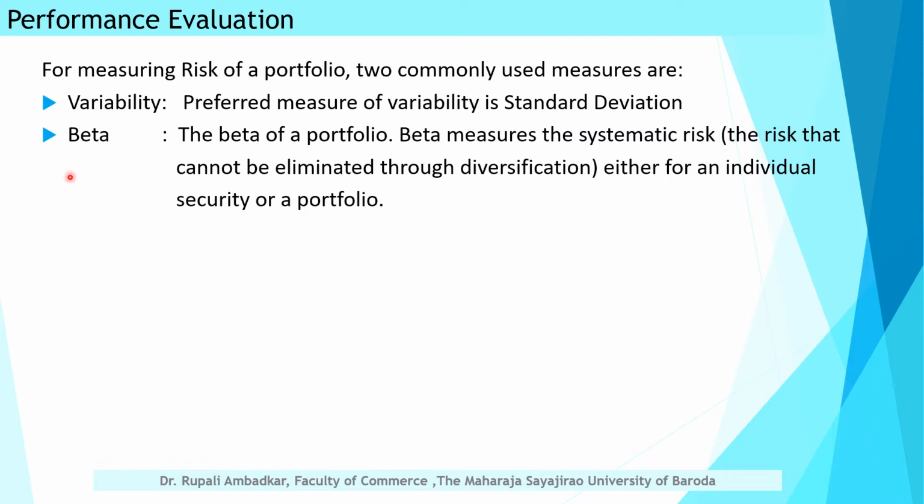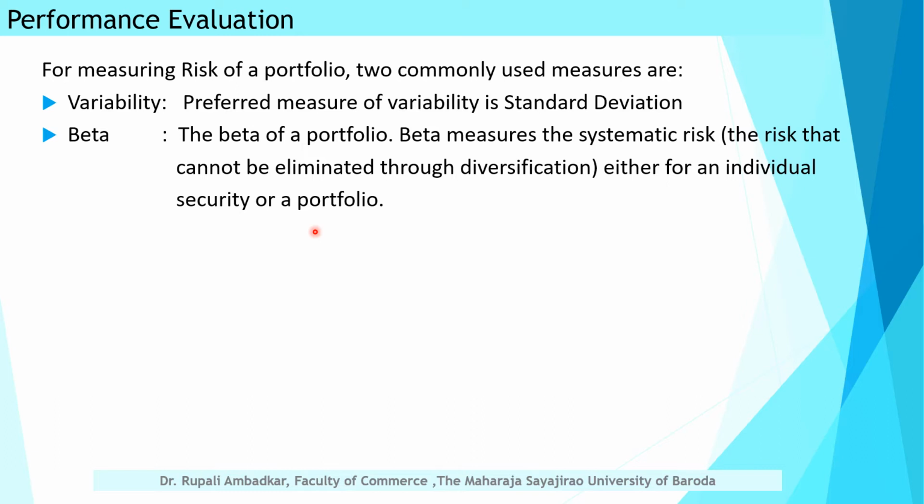Apart from that, the other measure is beta, the beta of a portfolio. Beta measures the systematic risk, the risk that cannot be eliminated through diversification. It can be for an individual security or for a portfolio. Remember that unique risk, or diversifiable risk, or unsystematic risk, represents that portion of total risk that stems from firm specific factors.